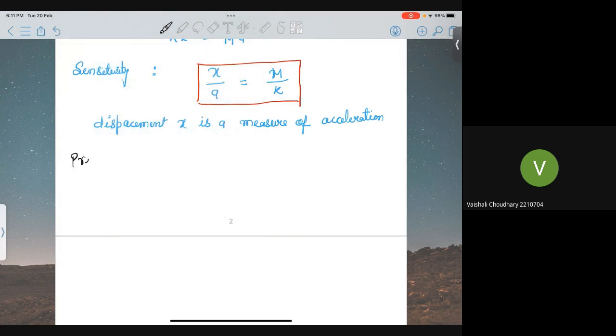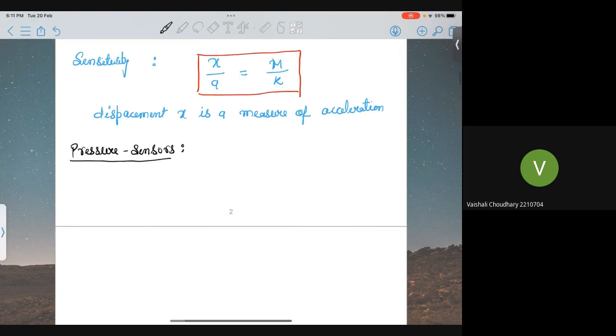Pressure sensors. First is absolute pressure sensors.